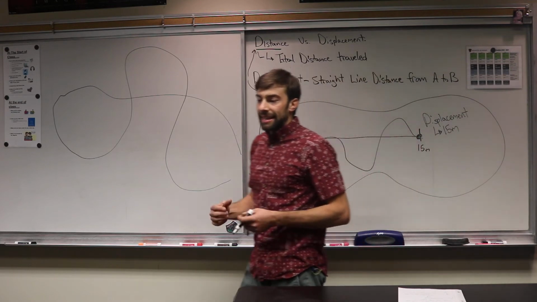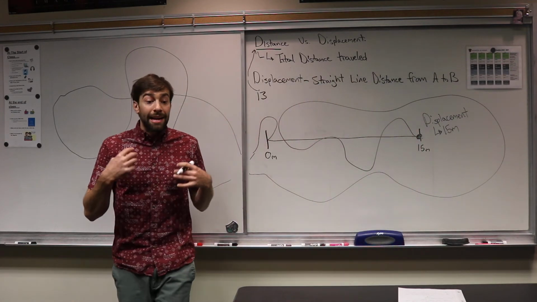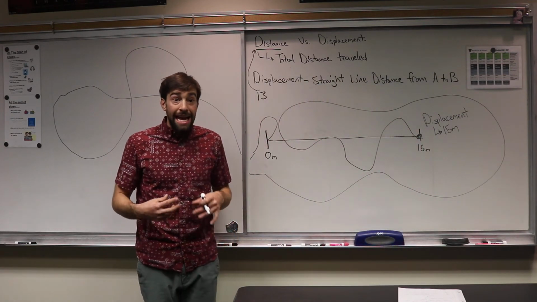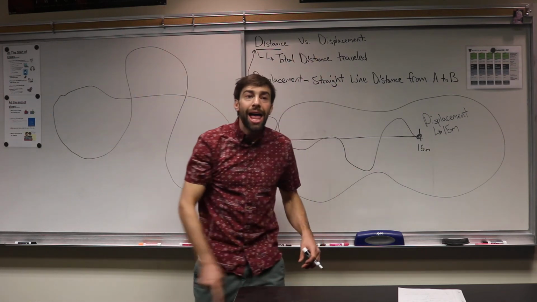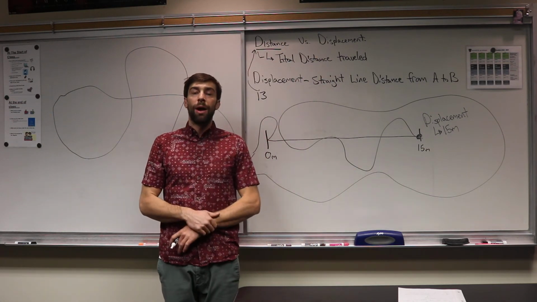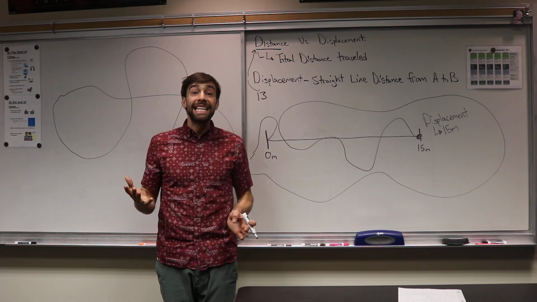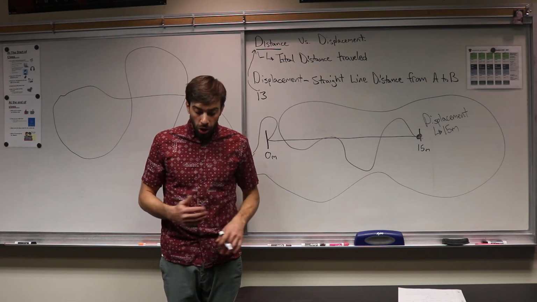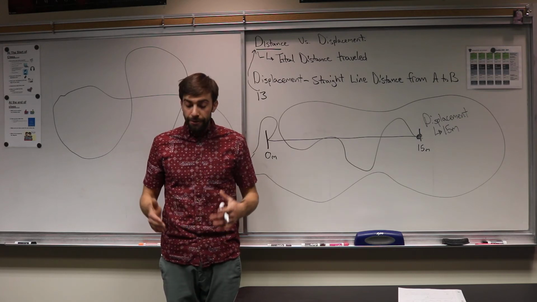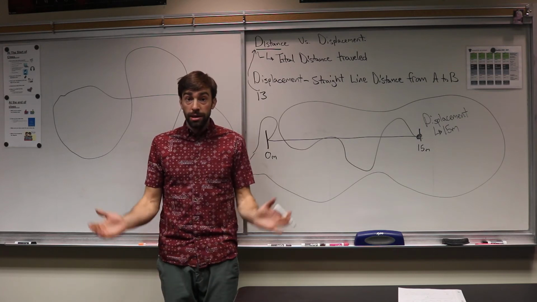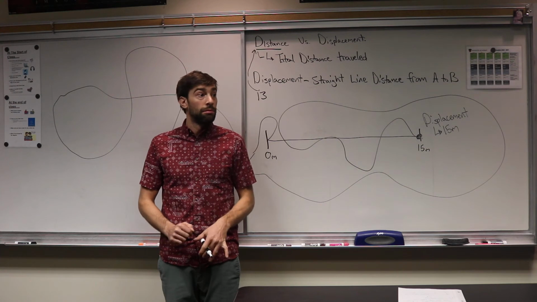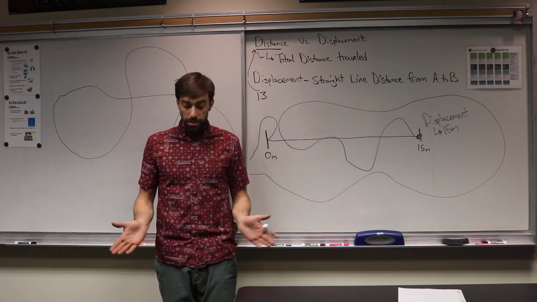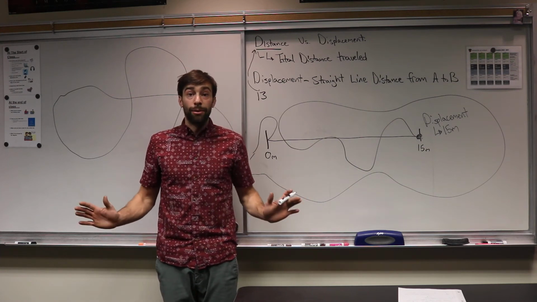How about this example? What if I started here and I ran around the entire world and I ended right back here? My distance that I would travel is very, very, very large. However, what is my displacement from here to here? Well, I would say it's 0 meters.